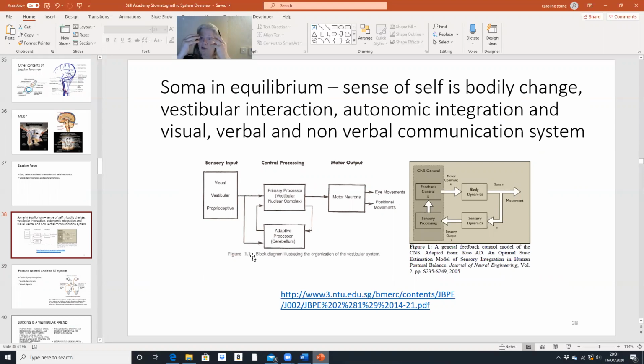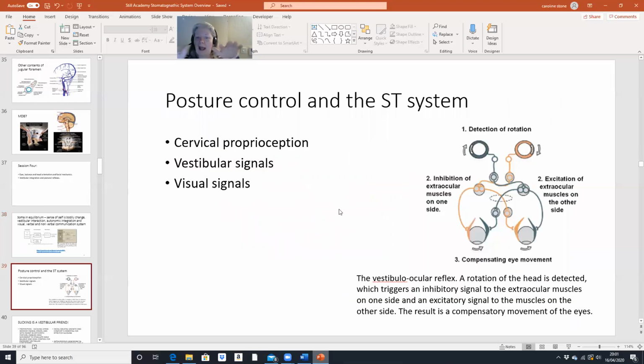We go through ocular, spinal, vestibular relationships. So we look at how the body information goes through with the cerebellum, goes through to various vestibular nuclei, etc., and leads to ocular adaptation and so on. And we look very much at how the neck is linked into all of these types of dynamics.